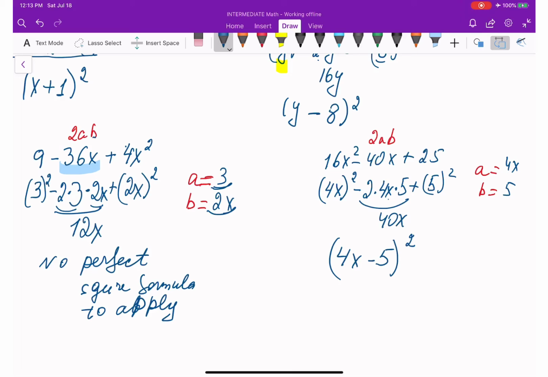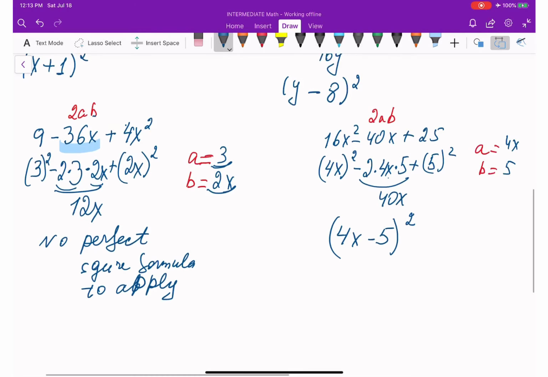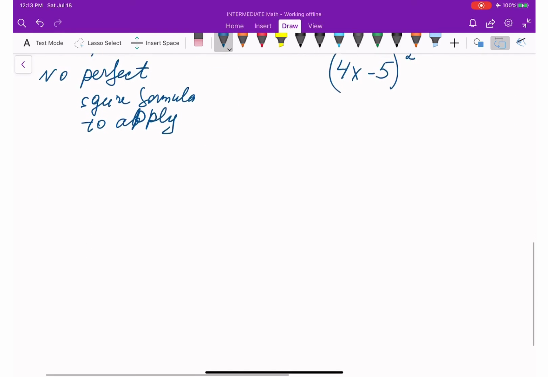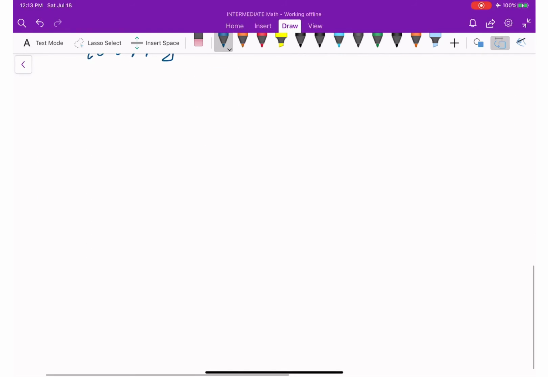Next one. 49x squared minus 14xy plus y squared.